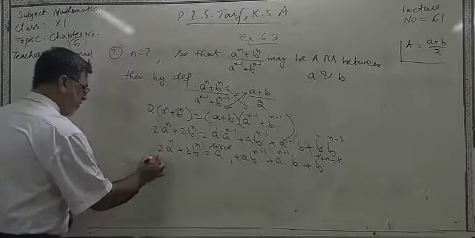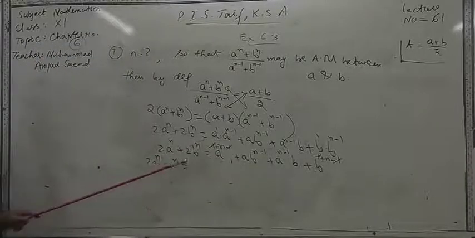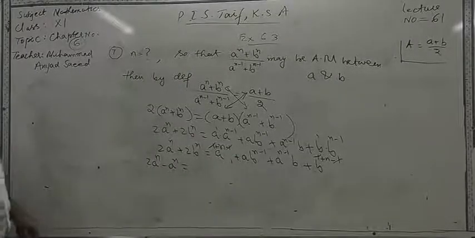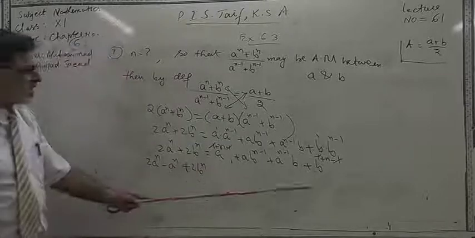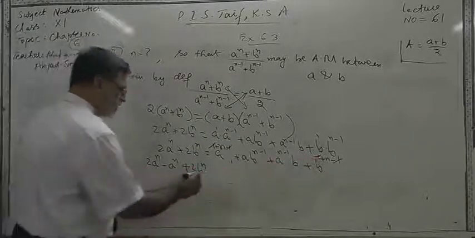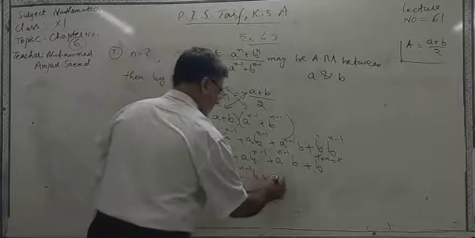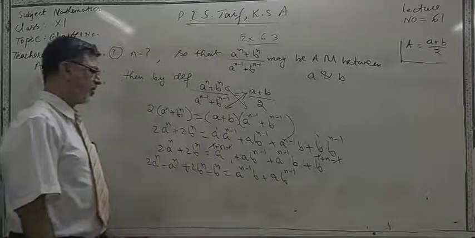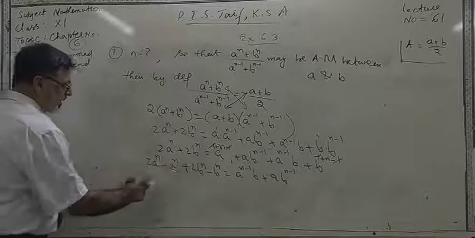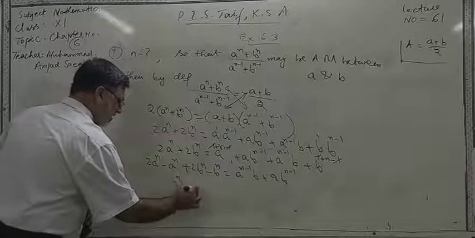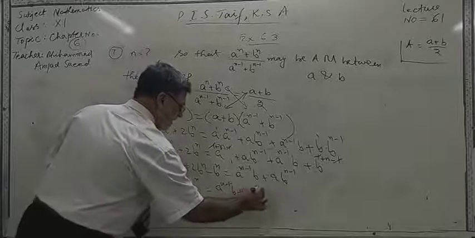Dear students, we have 2a^n minus a^n, I have shifted a^n to the left hand side, and plus 2b^n minus b^n, also shifted to the left hand side. So a^(n-1)b plus ab^(n-1). 2a^n minus a^n is a^n, plus b^n, equals a^(n-1)b plus ab^(n-1).